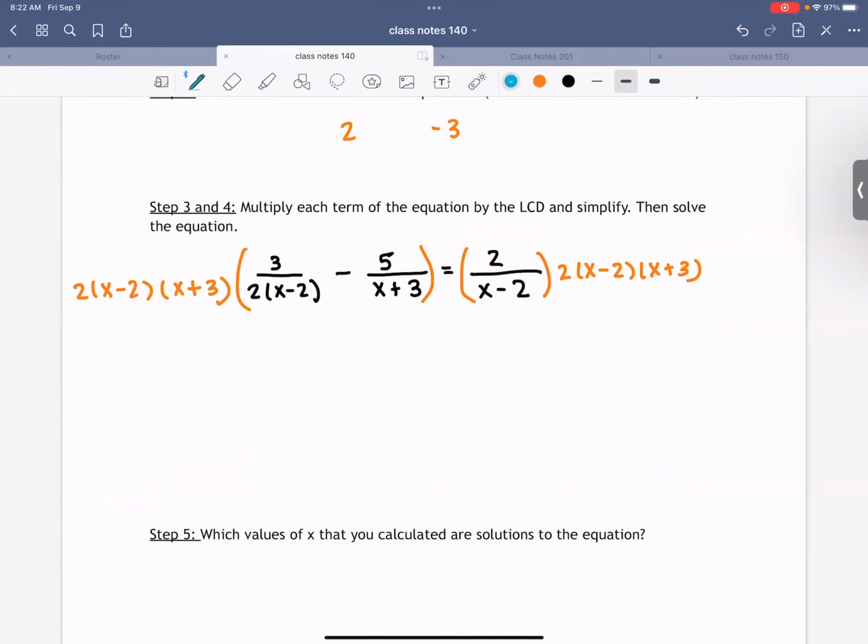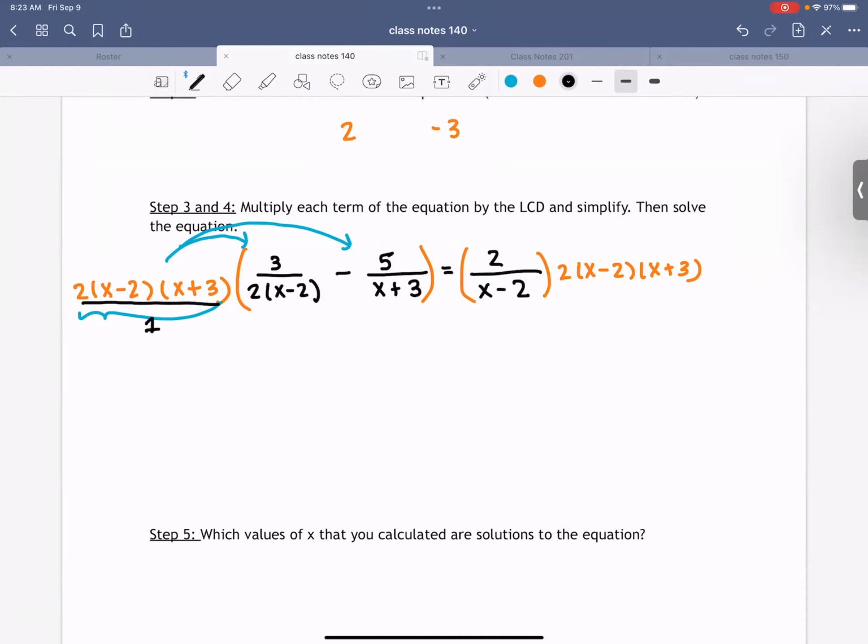But what I'm going to do is this entire thing is being multiplied by two things being subtracted, which means we can distribute that multiplication to each term, right? So what I'm going to do here is I have 2 times x minus 2 times x plus 3, which is essentially all of that over 1, okay? And I'm going to multiply the numerators and the denominators for both of these terms.